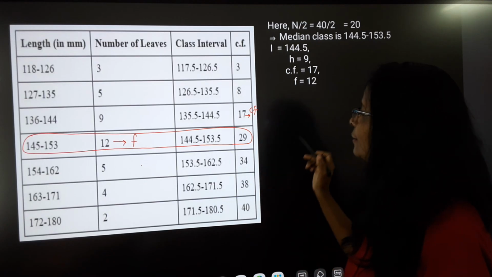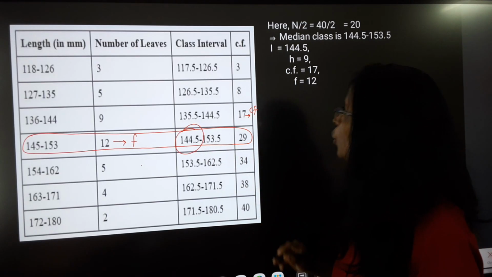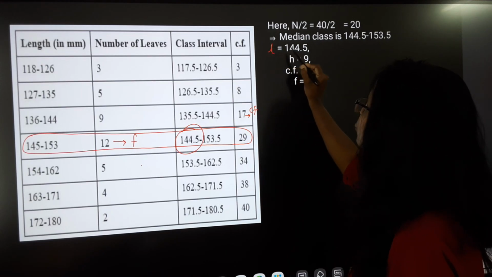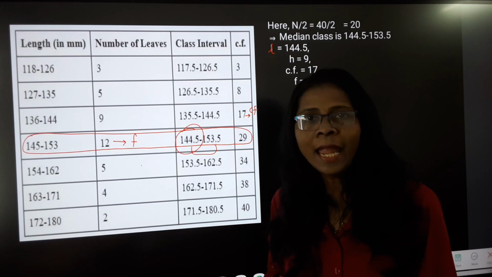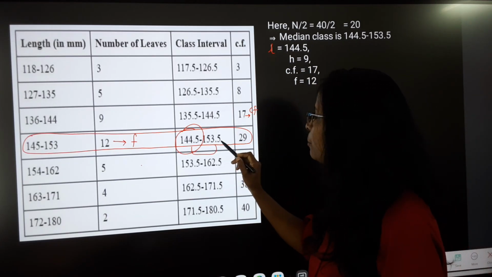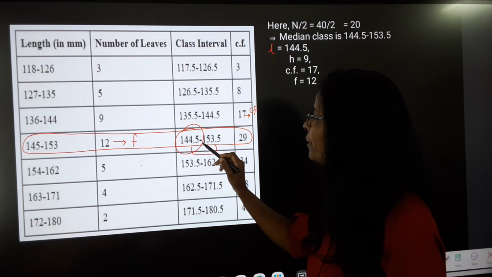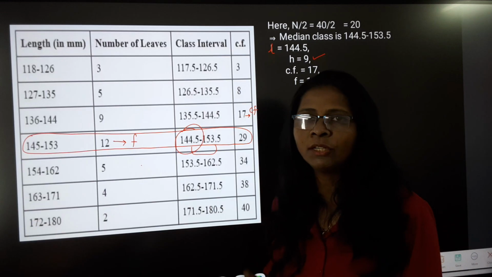We consider the lower limit L to be 144.5. The value of L is equal to 144.5 and the class width, that is h, is 153.5 minus 144.5, which is equal to 9. CF is equal to 17 and f is equal to 12.